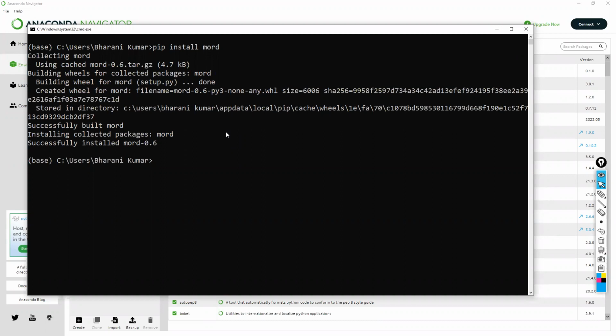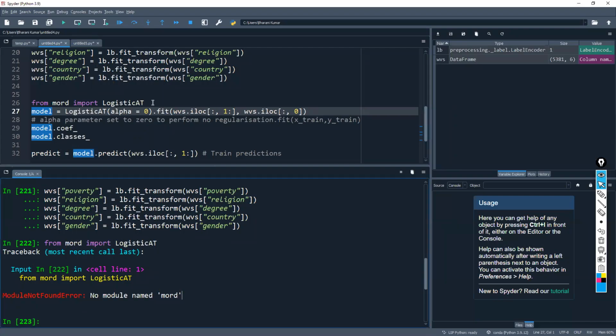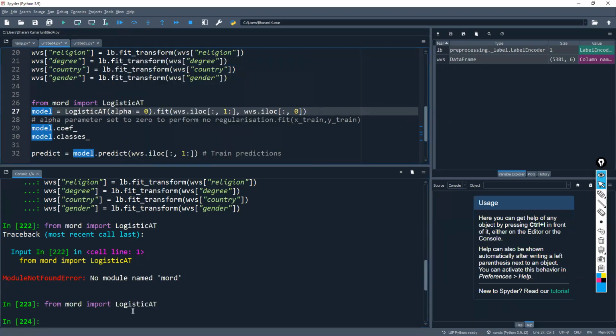All right. So let me go back here. Let me try importing this library. Yep, it works.